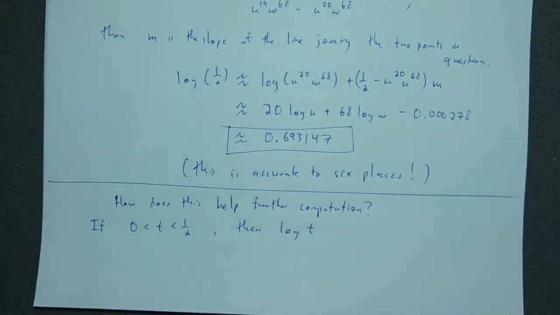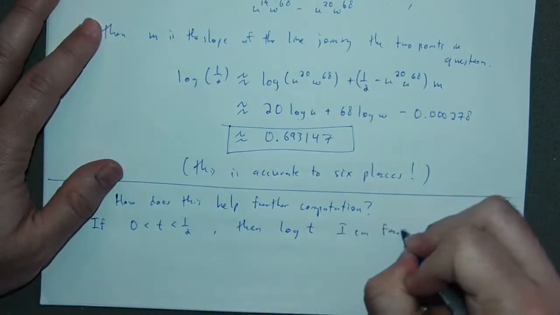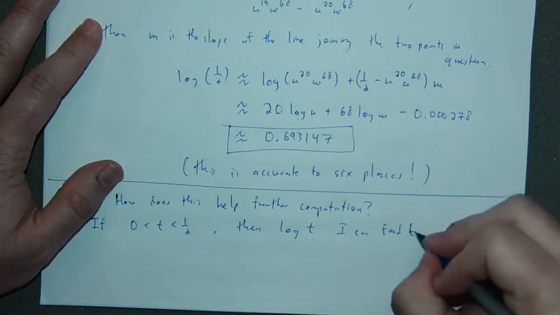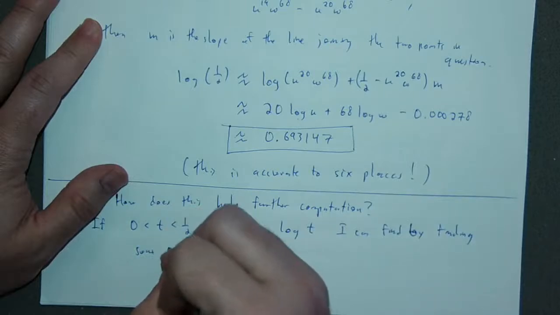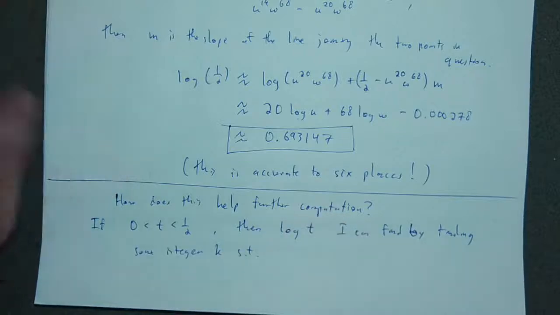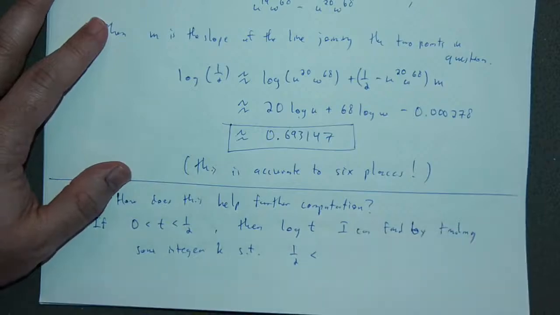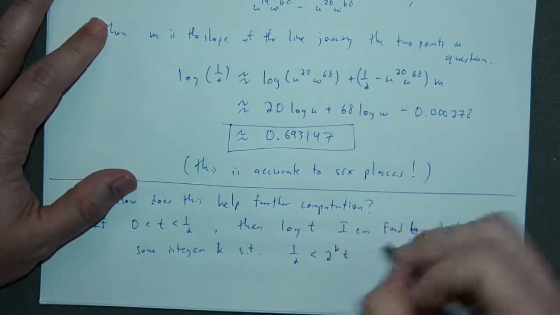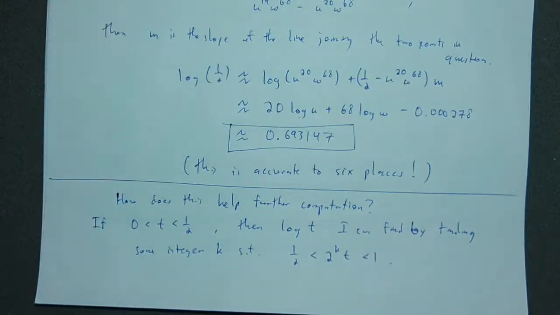Well, I can find log t by finding some integer, say k, such that 1/2 is strictly less than 2 to the k times t, which is strictly less than 1. If I can find an integer such that this is the case, then I can solve this no problem.